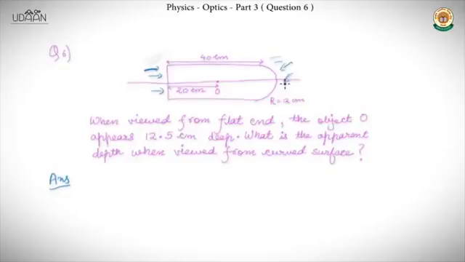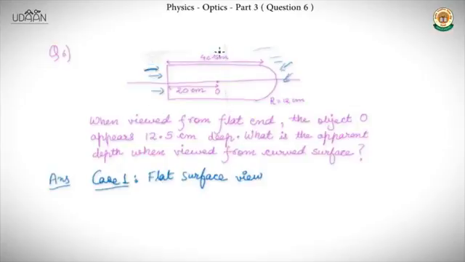So let's consider case 1, that is when viewed from the flat surface. Now when we are considering case 1, we should forget about the curved part and bother only about this part.